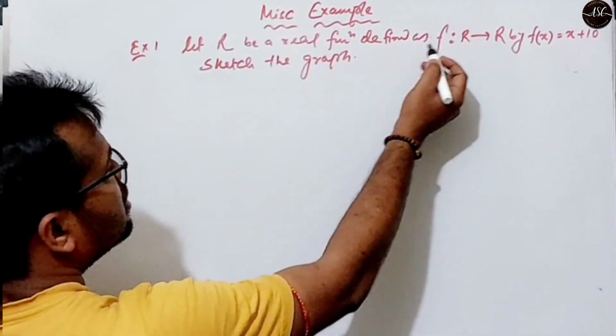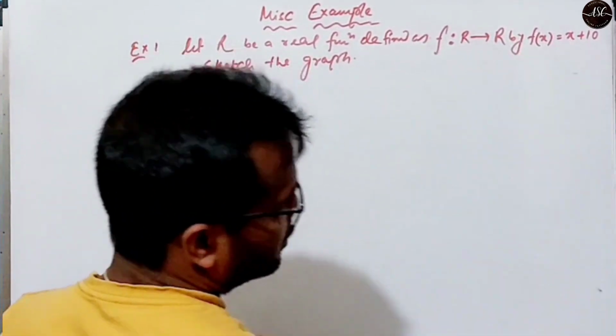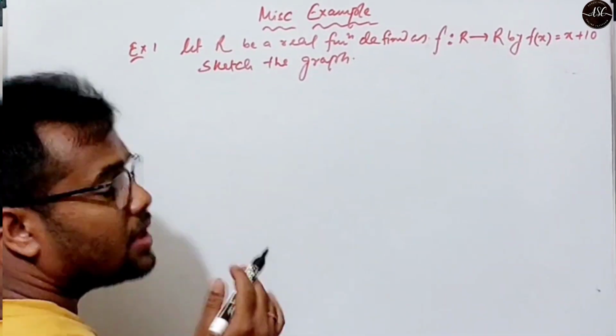Let f be a real function defined from R to R by f(x) equal to x plus 10, and sketch the graph.